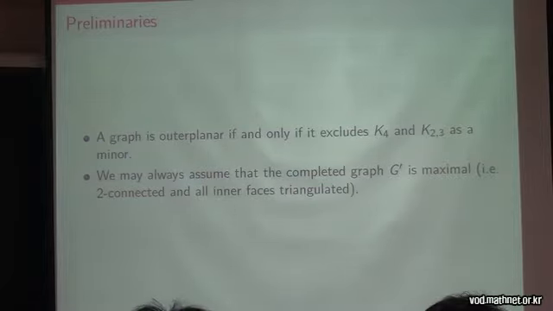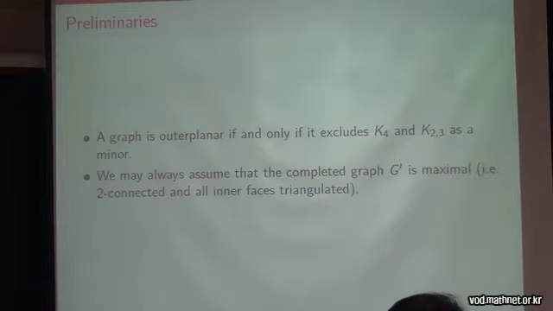If you don't understand what it means, it's okay. I'm going to skip the part which uses these minors. Also we can assume that the completed graph, the graph obtained after adding edges, is maximal, in the sense that it is two-connected and all inner faces are triangulated.